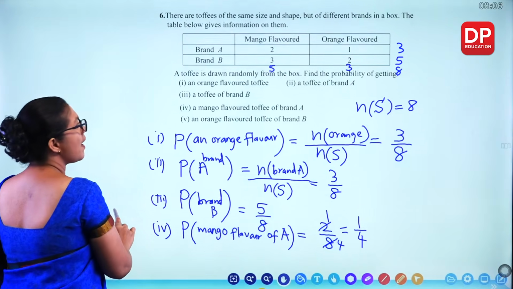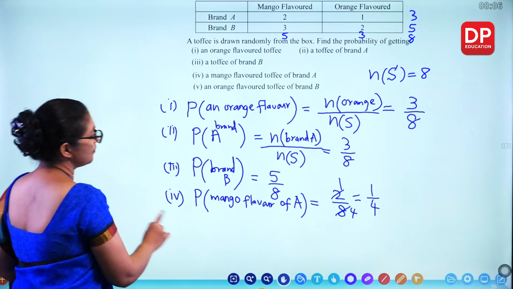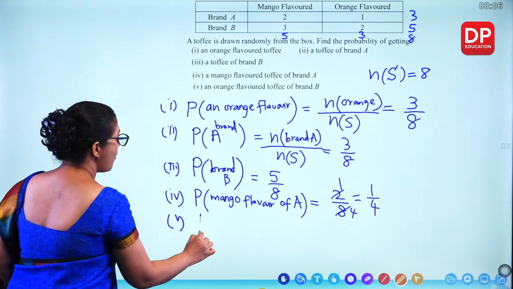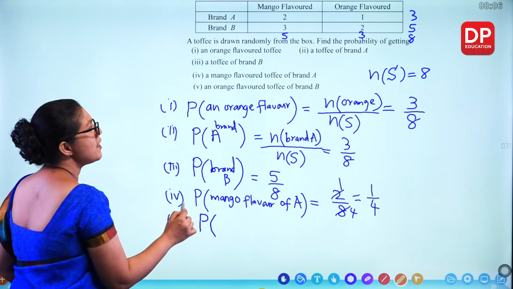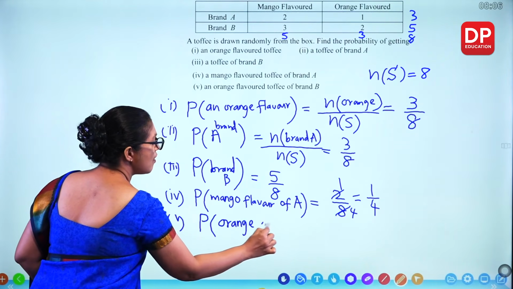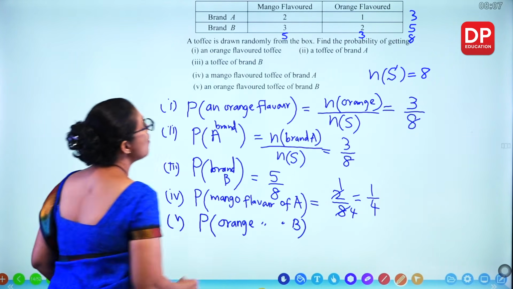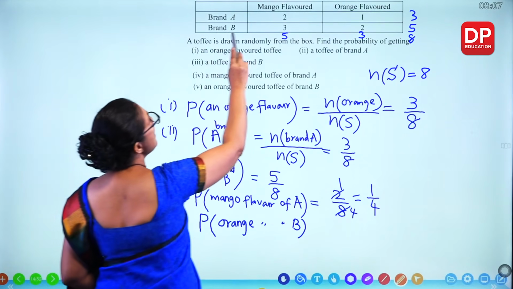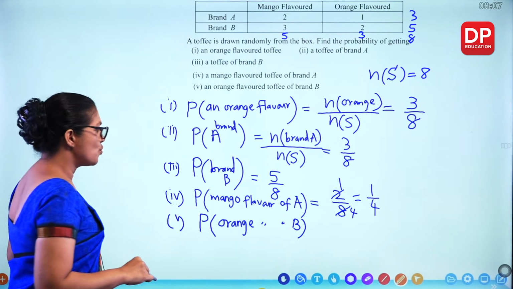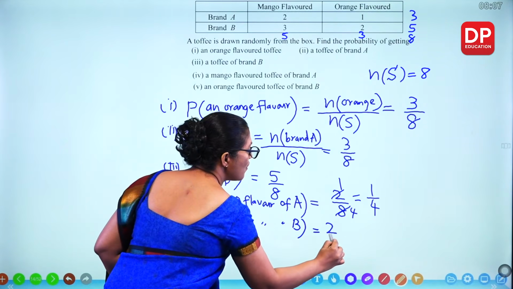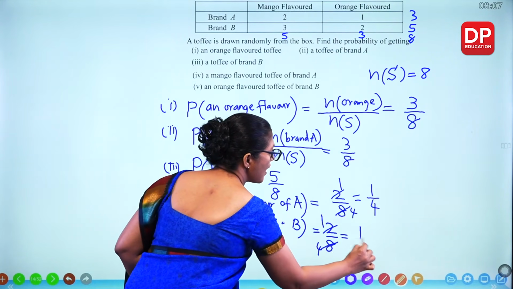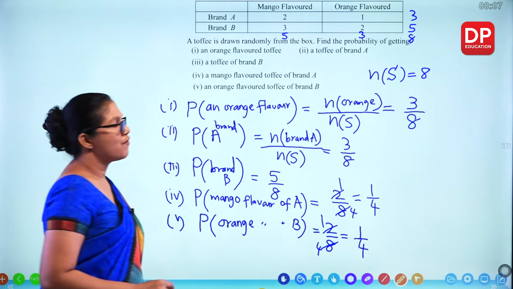Now take the next part. Part 5, an orange flavored toffee of brand B. Look at brand B. You need orange flavored ones. That's only 2. So 2 over 8. When you simplify, you get 1 over 4.